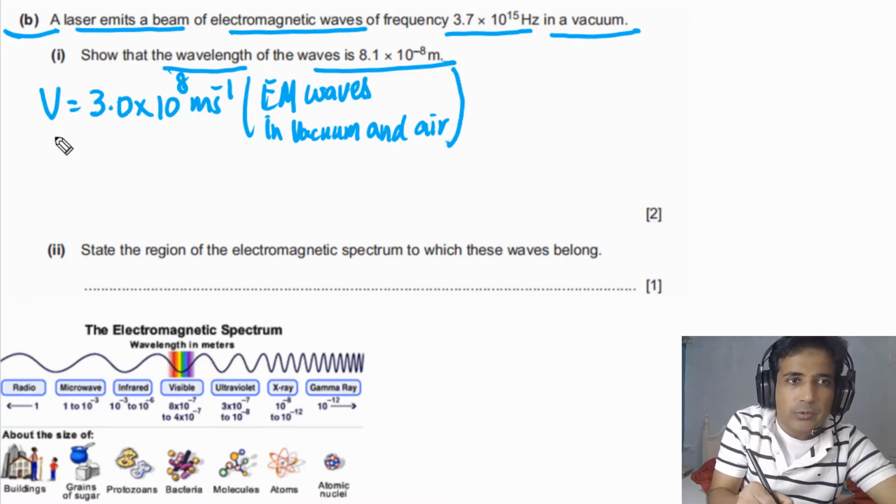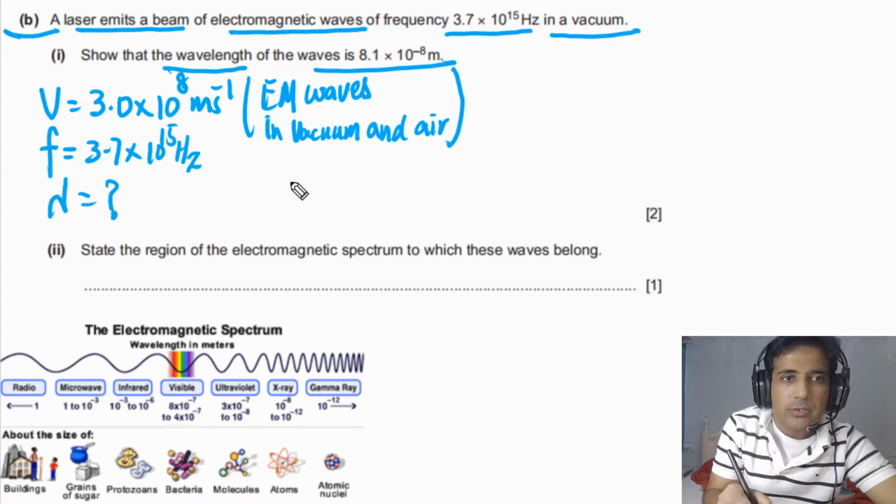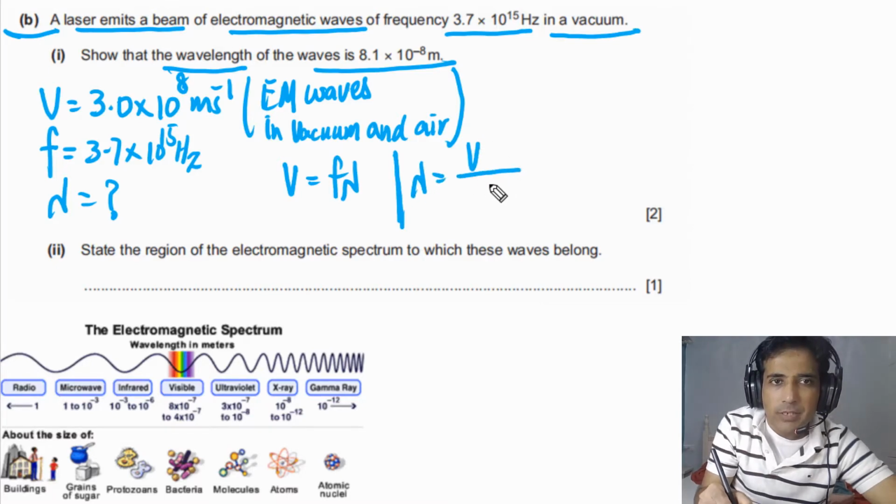Now we need to calculate lambda, but the frequency of electromagnetic waves is given, that is 3.7 times 10 to 15 hertz. So simply we need to use v is equal to f times lambda. From here we can calculate the value of lambda. That will be equal to the speed of waves divided by the frequency of waves.